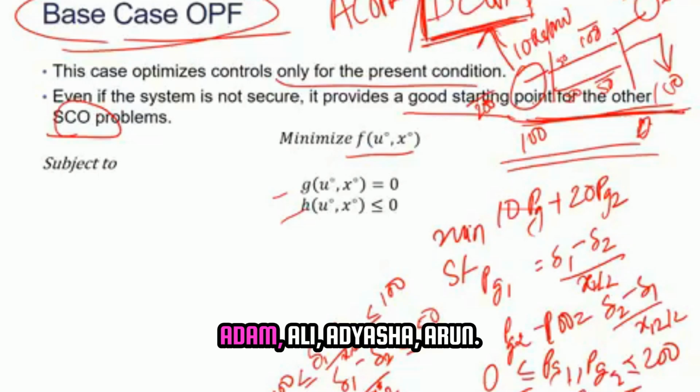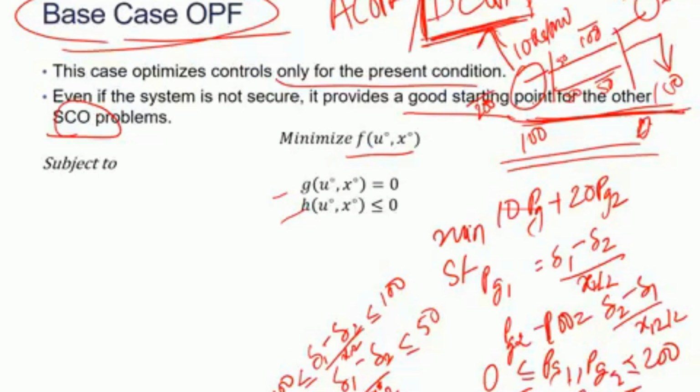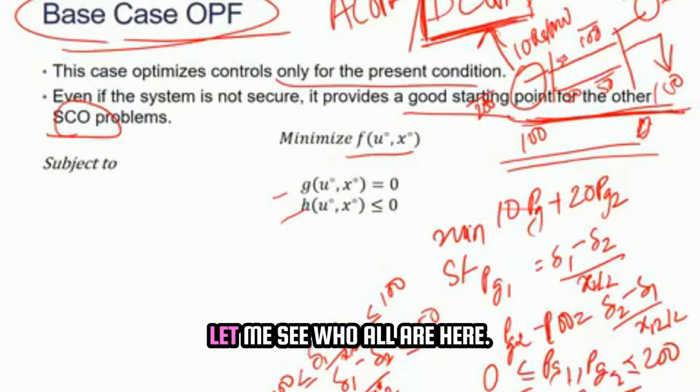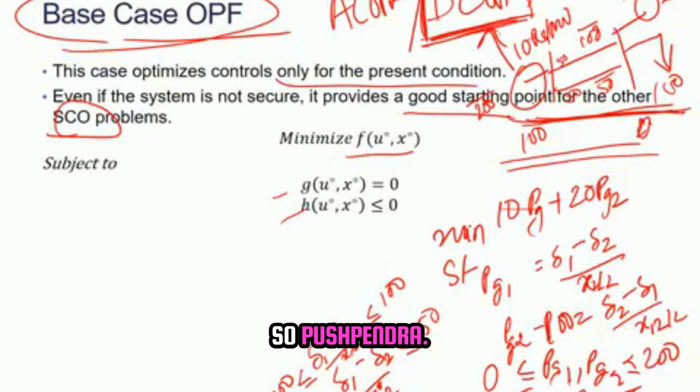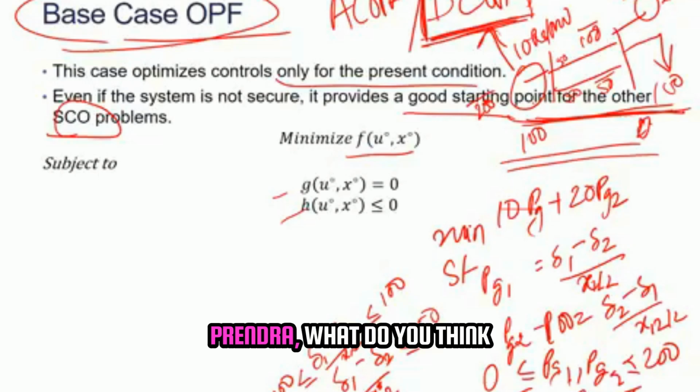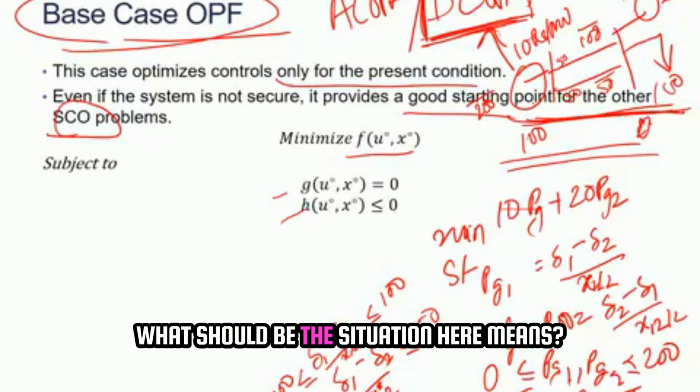Anyone else? Adam, Ali, Adyasha, Arun. Are you guys here? Let me see who all are here. Oh, okay, Pushpendra is here. Okay, many people did not join today. So Pushpendra, yes, please. What do you think? What should be the situation here?